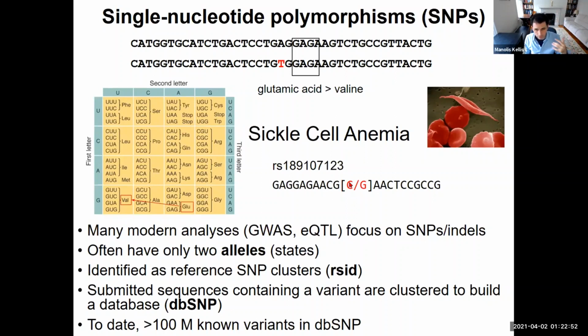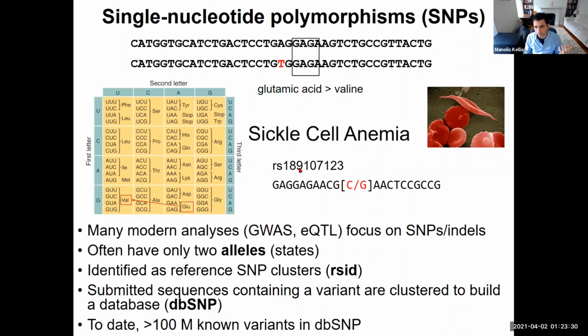So these are the workhorse of genome-wide association studies, and also of something that we're going to focus on Tuesday, which is expression quantitative trait loci. So these are studies that look not at phenotypic variation relative to genetic variation, but at gene expression variation relative to SNP variation. Okay, so single nucleotide polymorphisms typically have two alleles. Basically, if you have the C allele or the G allele, these are the two different states that variable can take, and they're identified with their RSID.